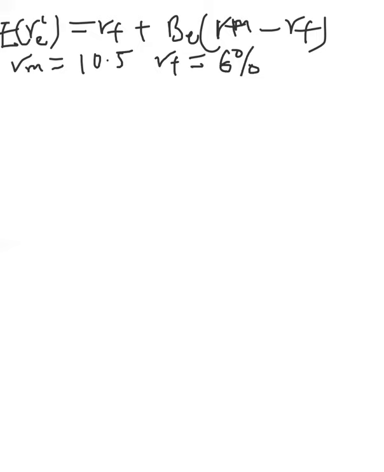And mind you, the beta that we have here is the beta of a leveraged firm, but in the question we were given the beta of the unleveraged firm. So the beta of equity of a leveraged firm is equal to beta of the unleveraged firm into bracket 1 plus debt to equity ratio.